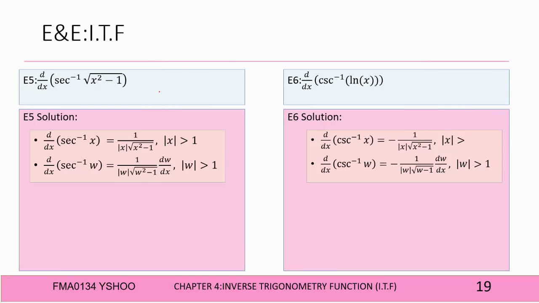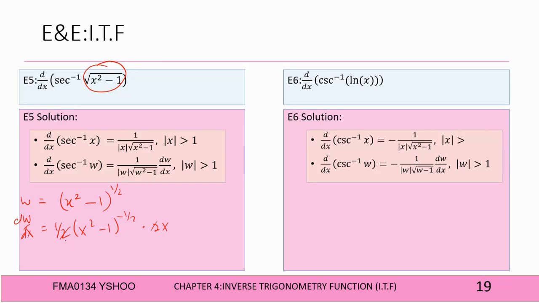So how about our second? Identify what is your w. Your w is this one, so our w is x squared minus 1, to the half. So dw dx becomes half, x squared minus 1, to the minus half, and chain rule of x squared is 2x.